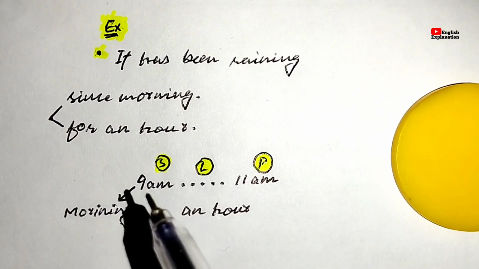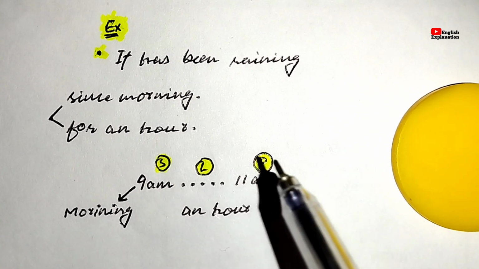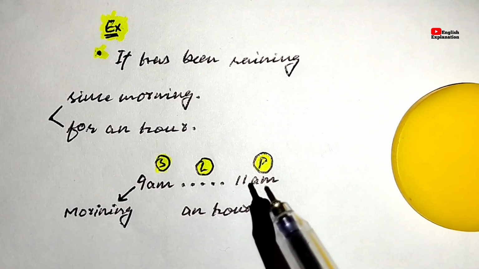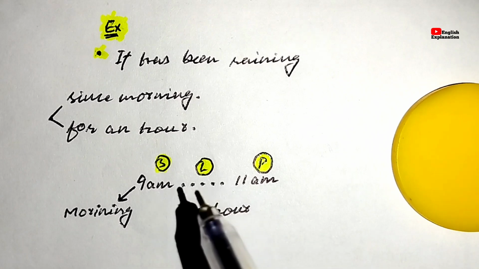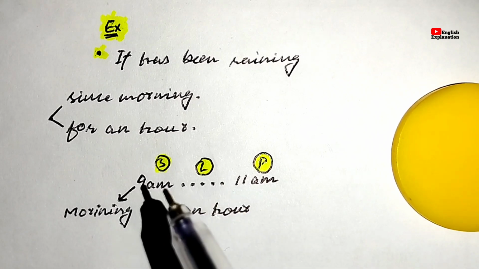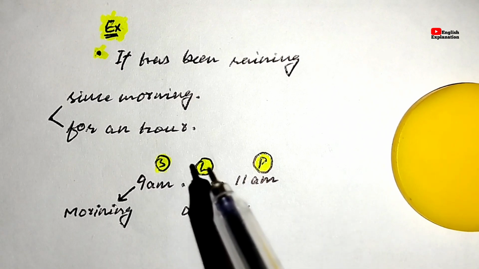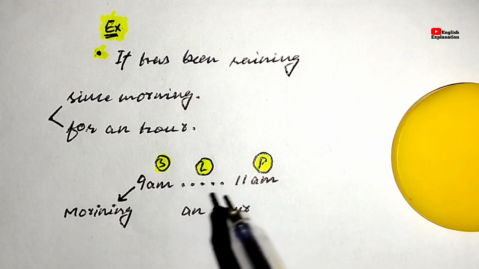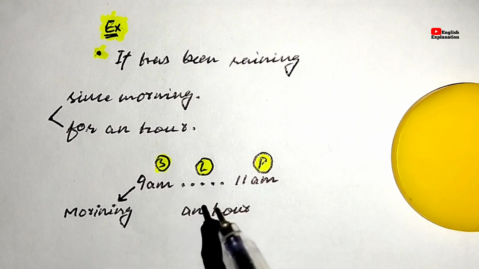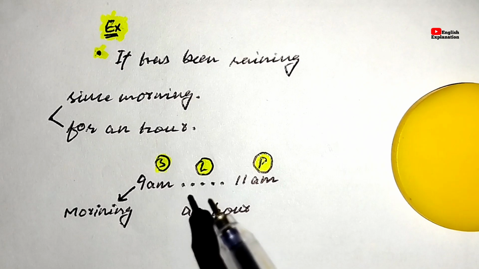Here you can see 9 a.m., it's morning time, and now the present time is 11 a.m. Between them we have a length of time: 9 a.m., 10 a.m., 11 a.m. So between these points we have 1 hour. It's a duration of time, or length of time.